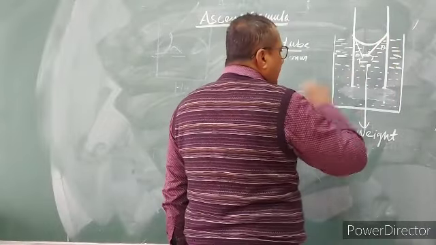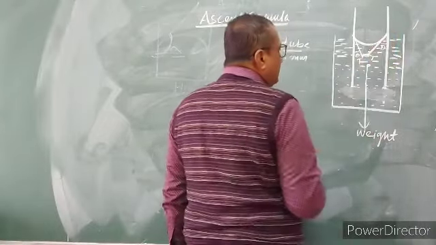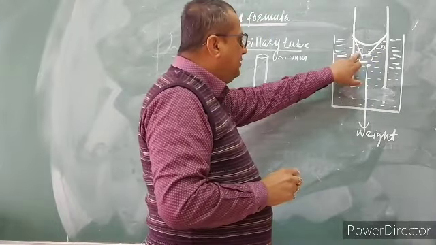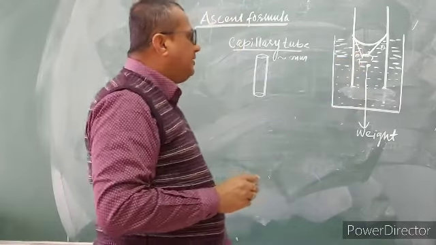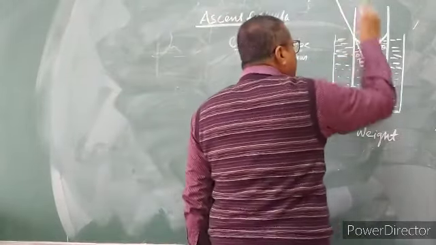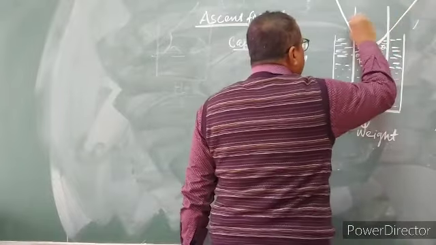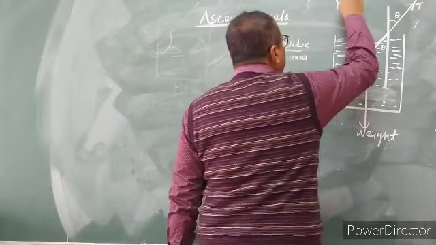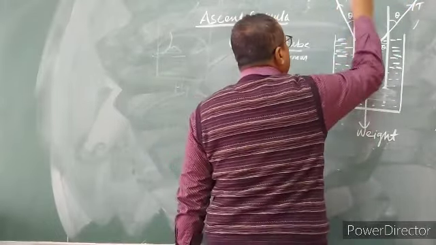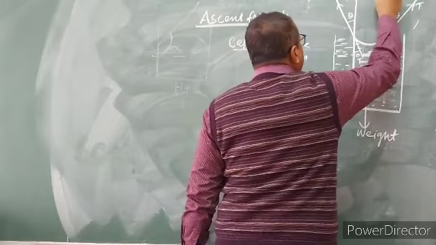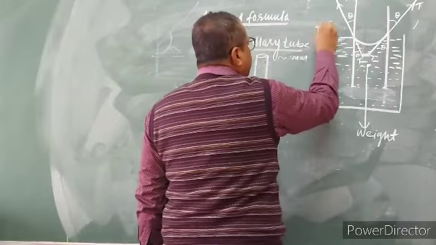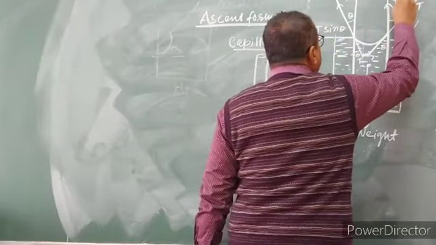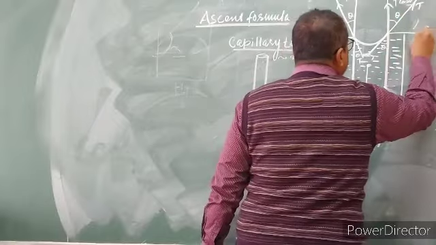Now we have to find how much angle is forming. Vertically opposite angles will be equal. This is T also. So this direction will be T cos theta, and this side T sin theta. This is also T cos theta, and along this direction it will be T sin theta.